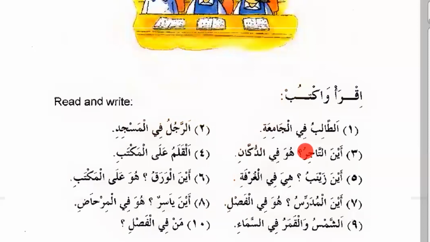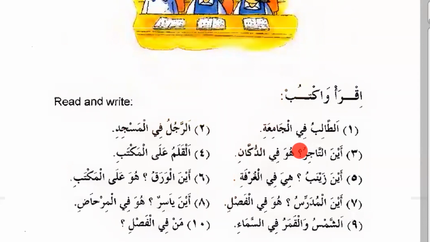So if you just mention, for example, talibun, student, mudarrisun, teacher, tajirun, a merchant, without adding the ta marbuta, in the default form it will mean a male student, a male teacher, a male merchant.